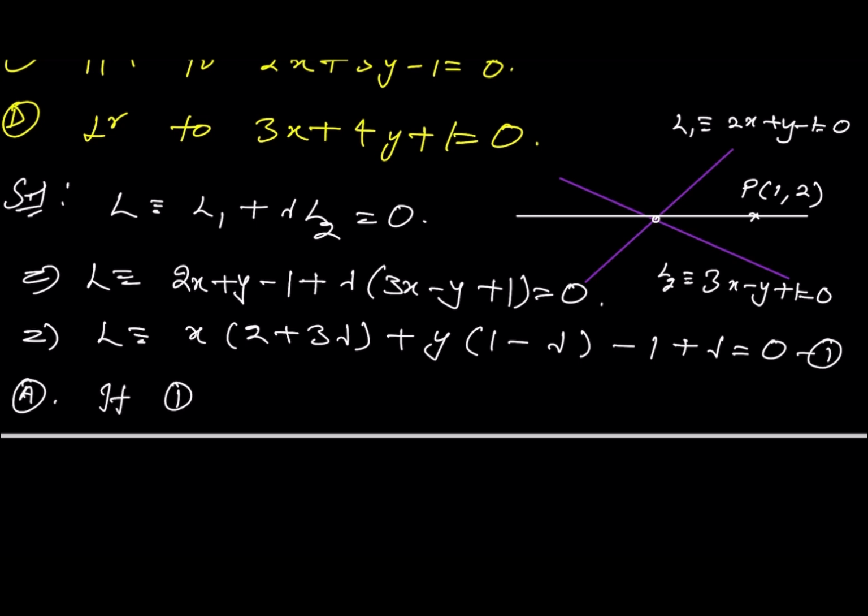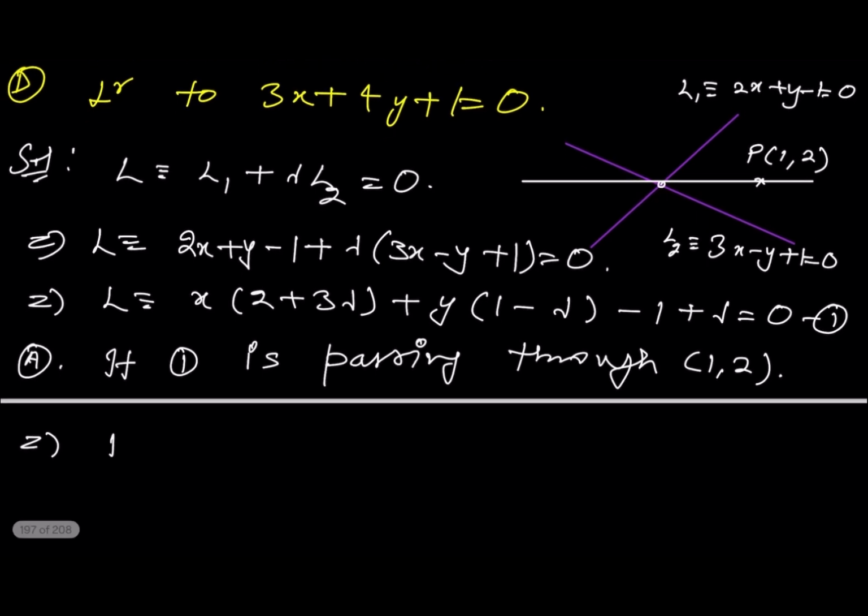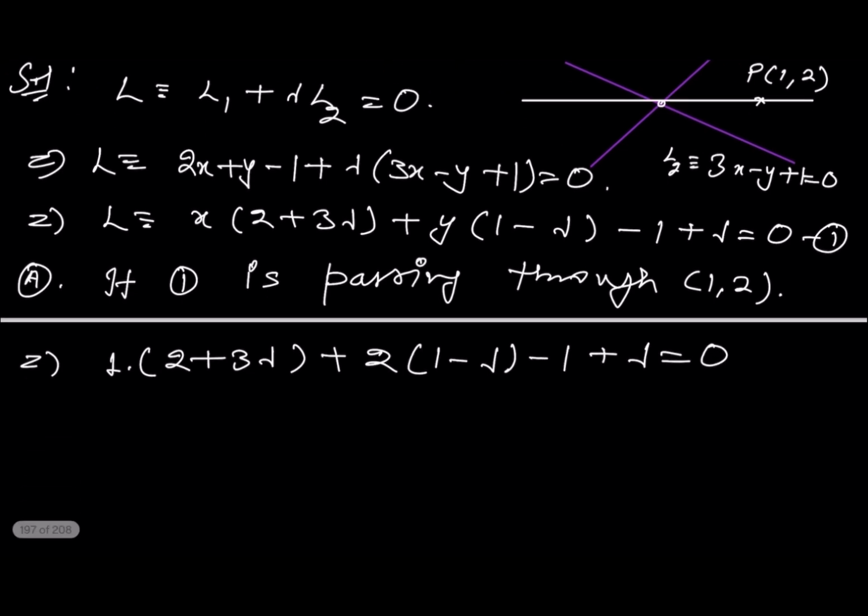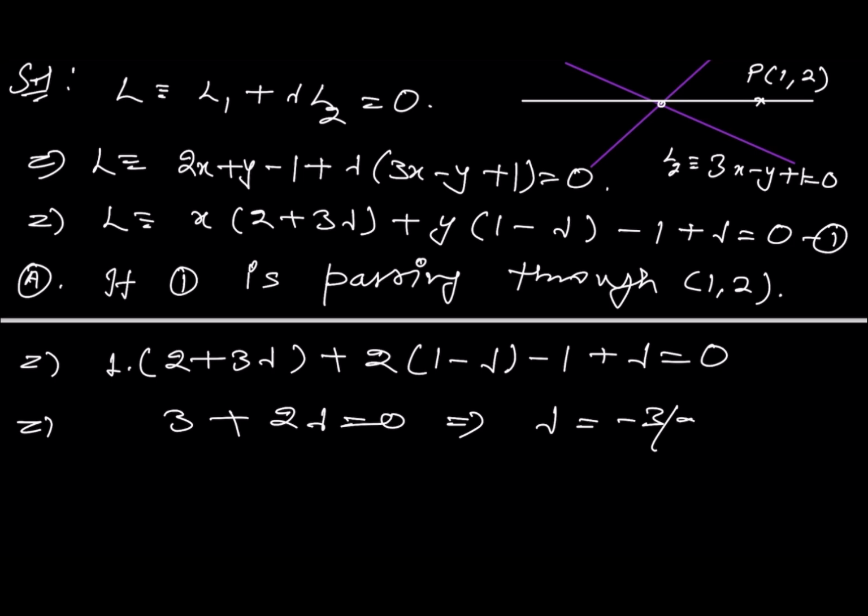Now, according to the question, if 1 is passing through 1 comma 2, then 1 comma 2 coordinates will satisfy 1, or I can say 1 times 2 plus 3 lambda plus 2 times 1 minus lambda minus 1 plus lambda is equal to 0. Or from here I will get 3 plus 2 lambda is equal to 0, or lambda is equal to minus 3 by 2.